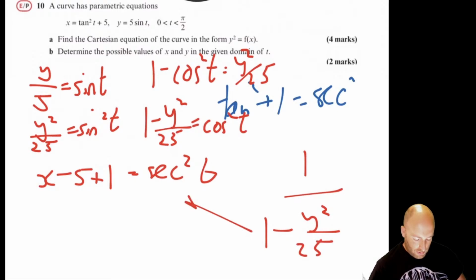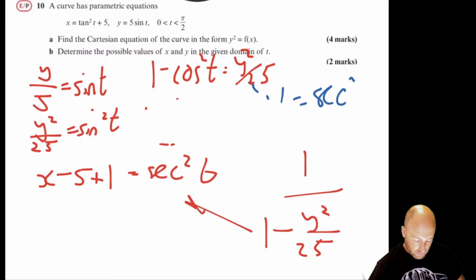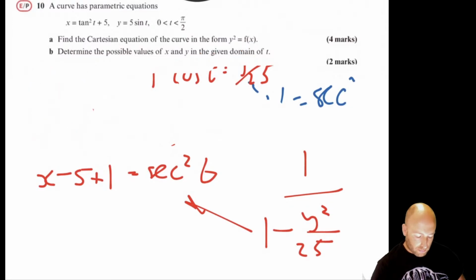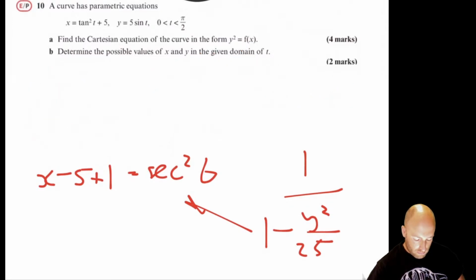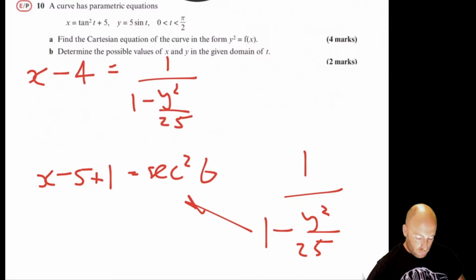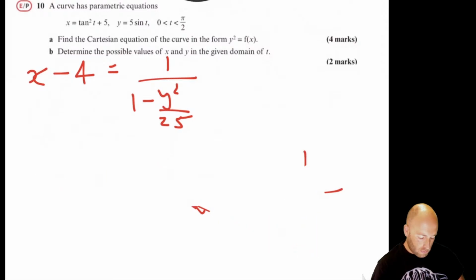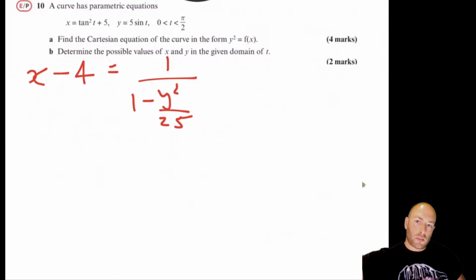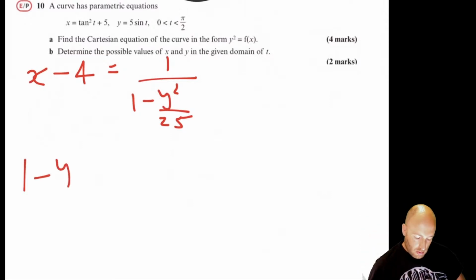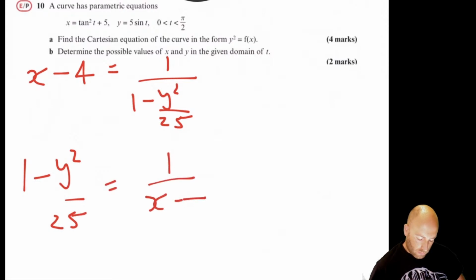So I can just put that in there. So x to the 4 equals 1 over 1 minus y squared over 25. So I'm going to times up by the denominator and bring x to the 4 down. So 1 minus y squared on 25 is 1 over x to the 4.